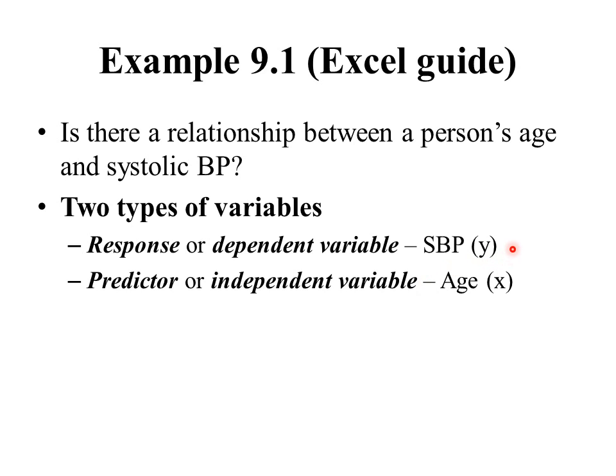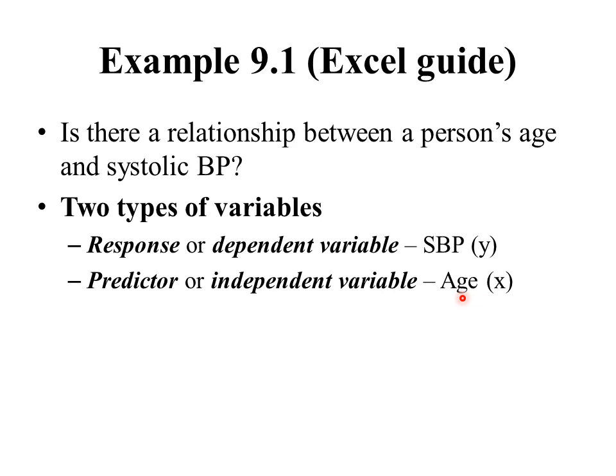So in this case, our response variable is systolic blood pressure, and we're going to denote that with the variable y. And the predictor variable is age, which we're going to denote with the letter x. So we can think of systolic blood pressure as a response to age.